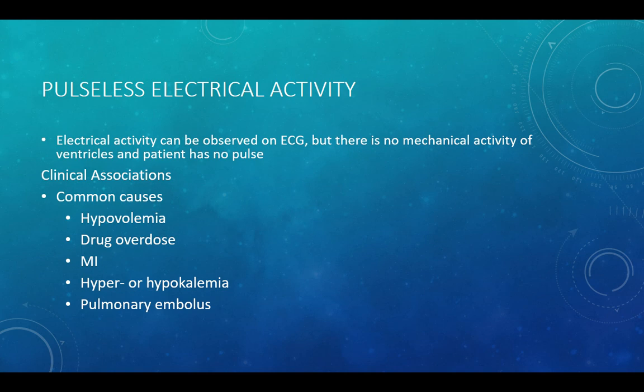So clinically, what you're going to do is correct one of the common causes of PEA: hypovolemia, drug overdose, MI, hyper or hypokalemia, pulmonary embolus. Those are the things that cause pulseless electrical activity, and so that's what you're going to do.